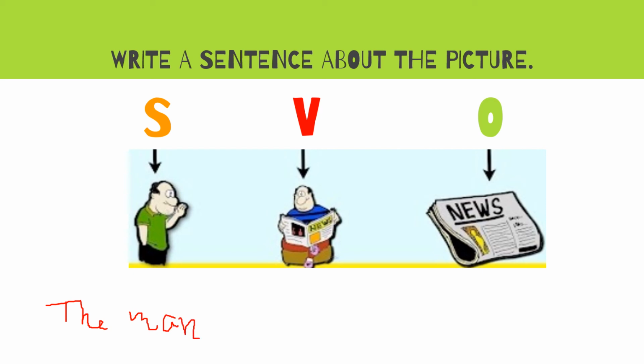What is he doing? Yeah, he is reading. So I can write is reading or reads. I'll just use the simple present tense. Reads. What is he reading? The object is newspaper.